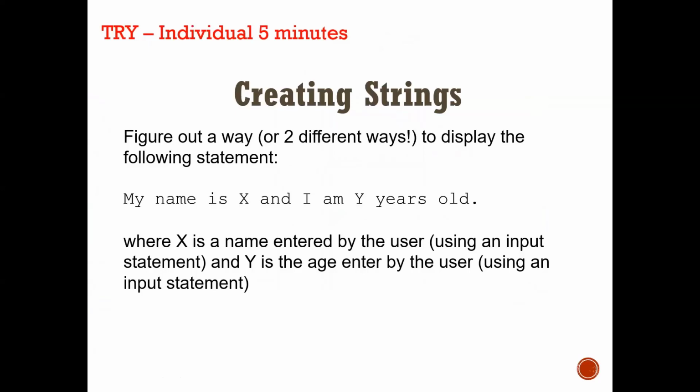I'd like you to try to print out my name is, and the X will be a variable that you've created that you get a user or yourself for now to enter. And I am whatever years old. Feel free to lie. We're just messing around here. Okay, but if you can have a go at trying to print out your name and your age, or maybe something more interesting than that. Okay.